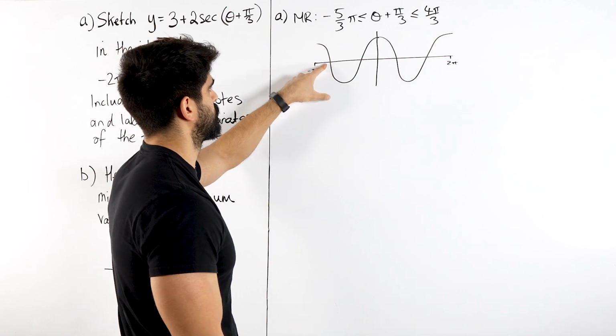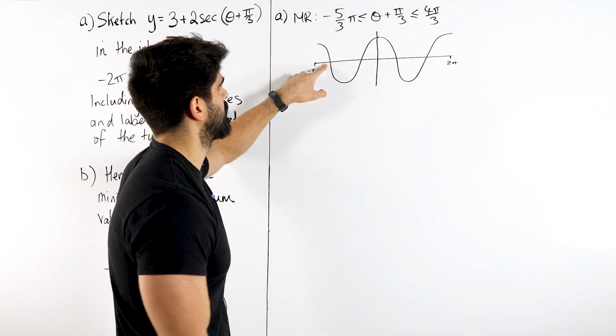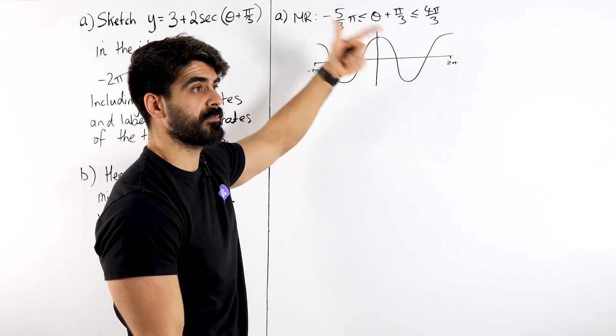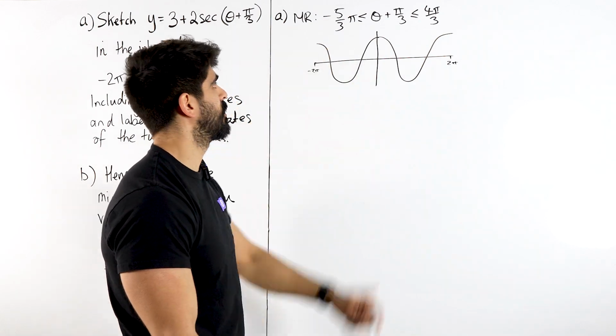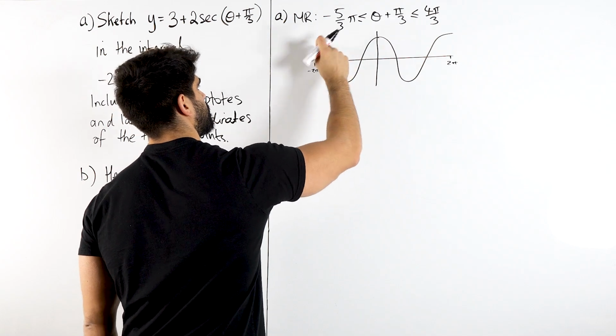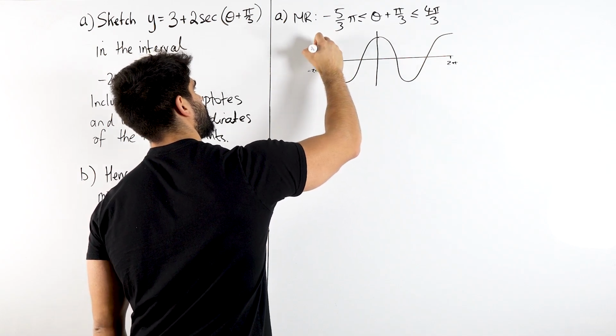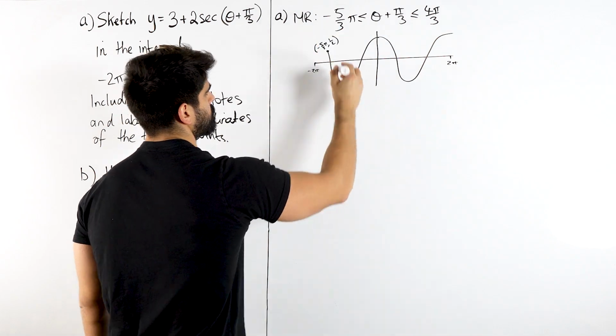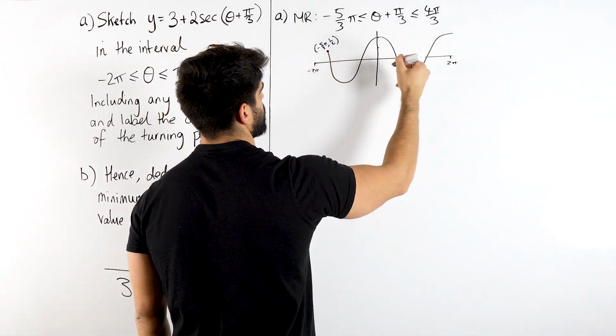So minus 5 pi over 3 might be over here. Now, cos of minus 5 pi over 3 is the same as cos of 5 pi over 3, which is a half. So I'm basically up to here. So this point here is minus 5 over 3 pi and 1/2.